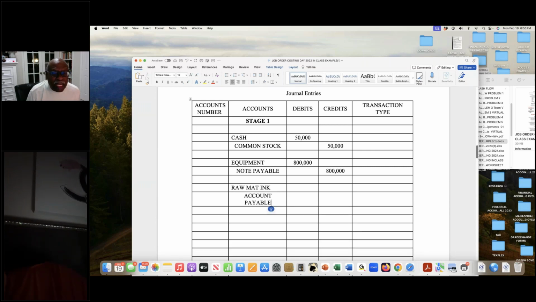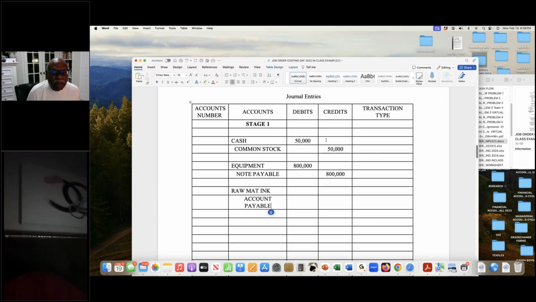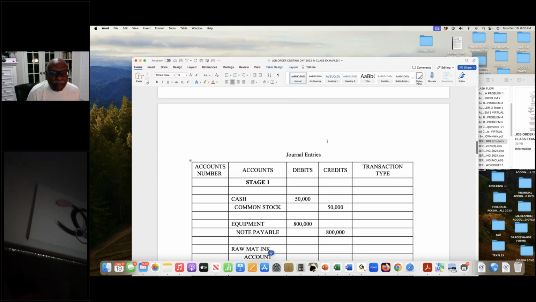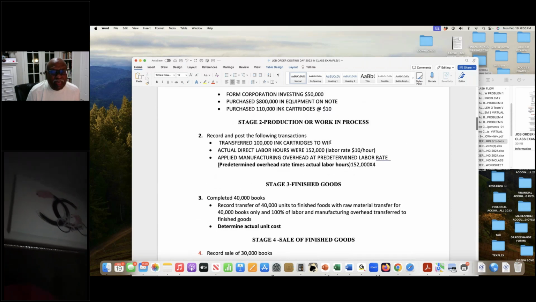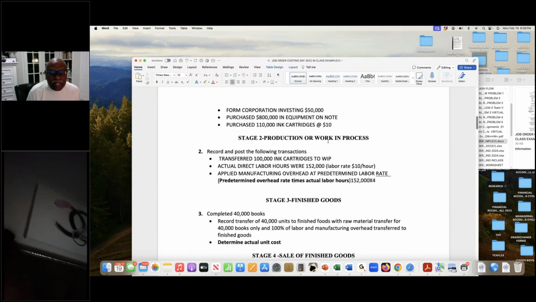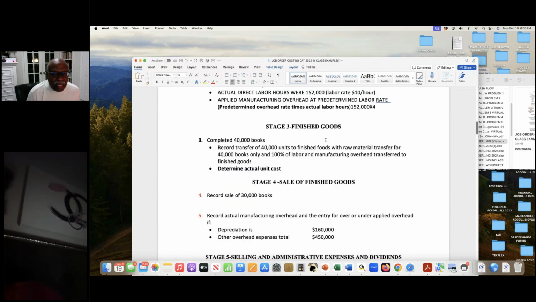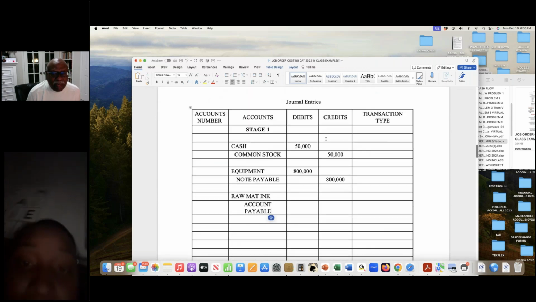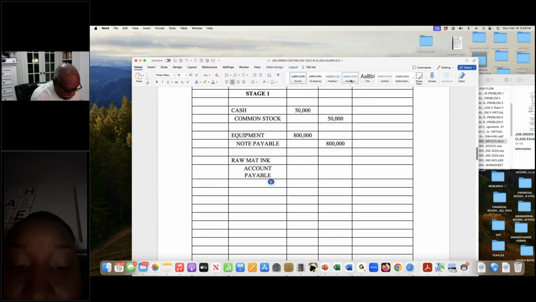How much is that going to be for? 110,000, I believe. So that's 110,000 ink cartridges at 10 each. So that's 1.1 million, 1,100,000.